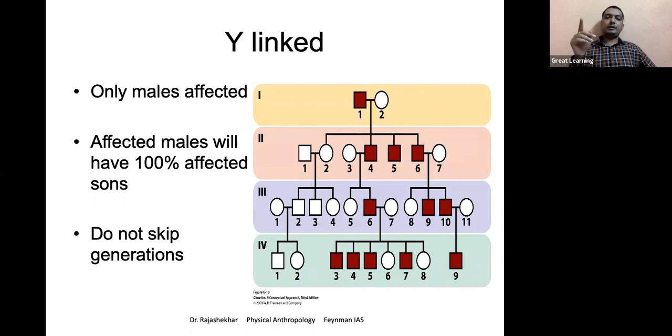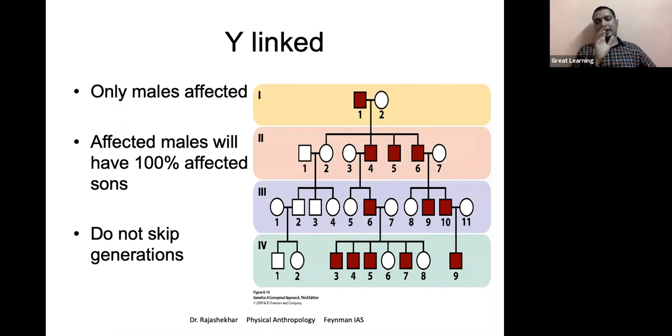But how do you differentiate it from an X-linked recessive disorder? In the X-linked recessive disorder, the problem goes from mother to son. But here, it goes from male to male. So the father will have it and the child will have it. This father will have it and the child will have it. So always you see that the problem is going from father to son, father to son.